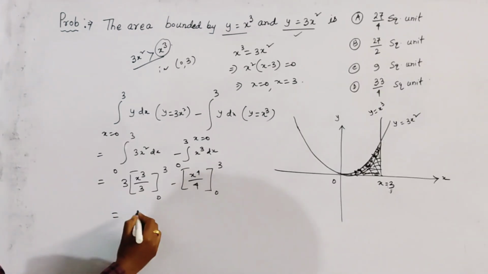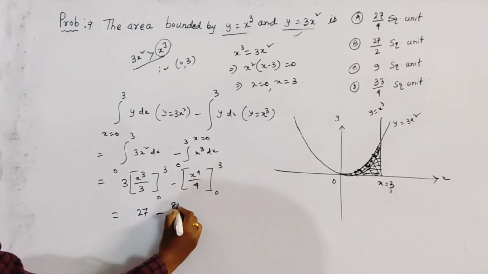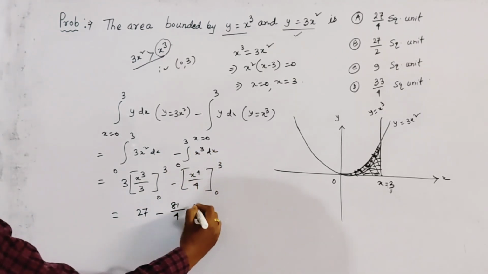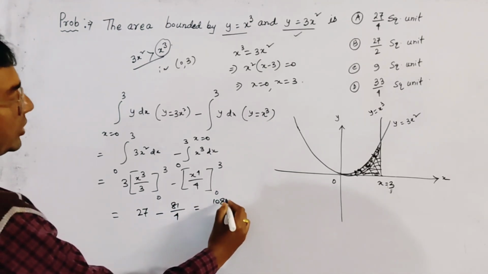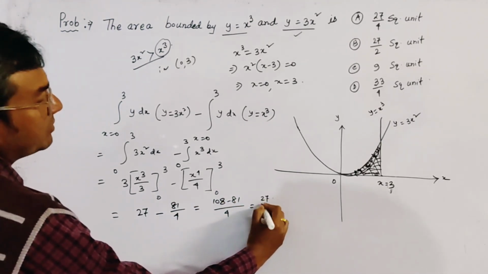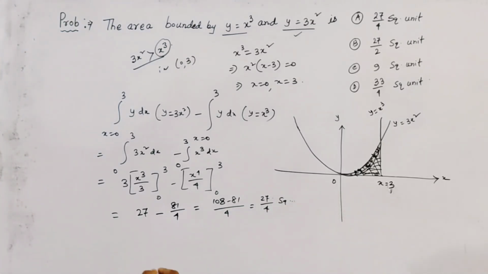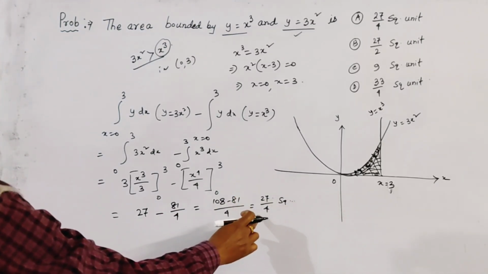This gives 3 cube, that is 27, minus 3 to the power 4 by 4, that is 81 by 4. So we get 108 minus 81 by 4, which is 27 by 4 square unit. So the area is given by 27 by 4 square unit.